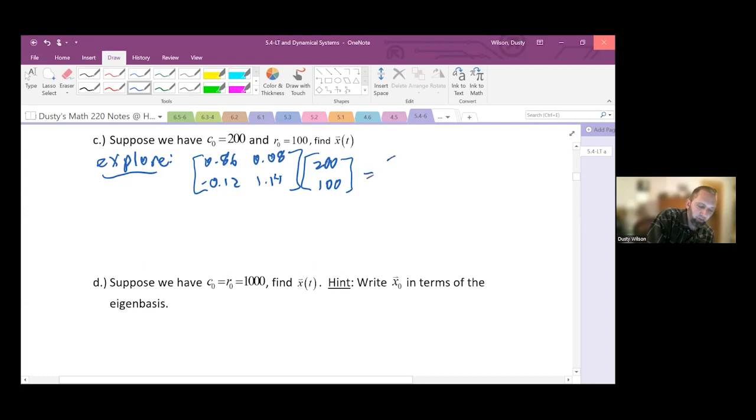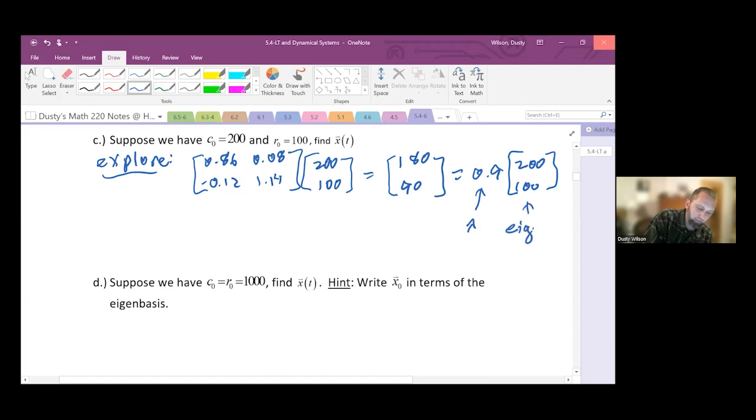And it's not going to come as a surprise that when you multiply this out, you're going to get 180 and 90, which would be 0.9 times that initial state of 200, 100. So again, here's your eigenvalue lambda, and here is your second eigenvector.